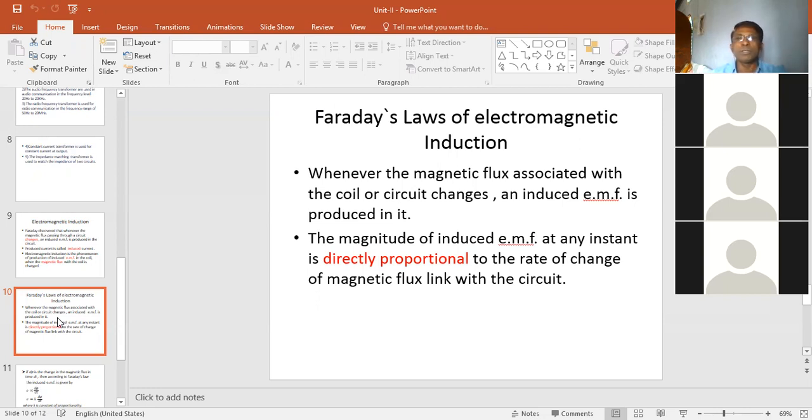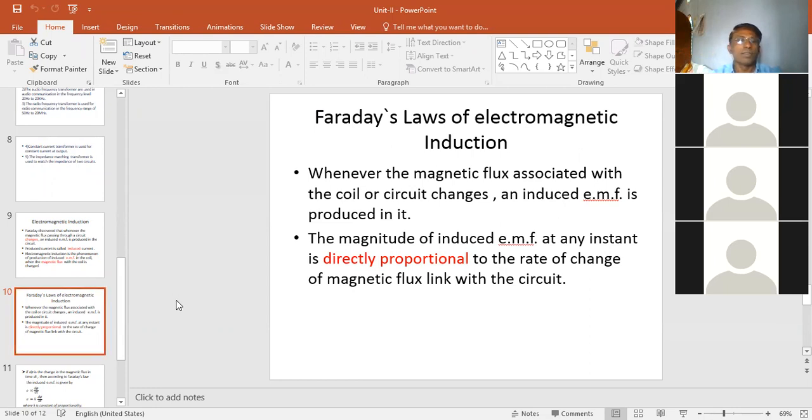So these are the two laws given by Faraday. That is, whenever the magnetic flux associated with the circuit changes, EMF is induced in the coil. After that, the magnitude of induced EMF at any time is directly proportional to the rate of change of magnetic flux.